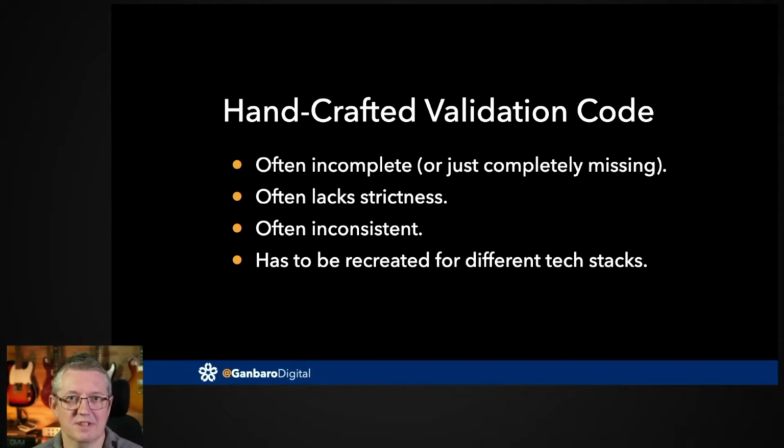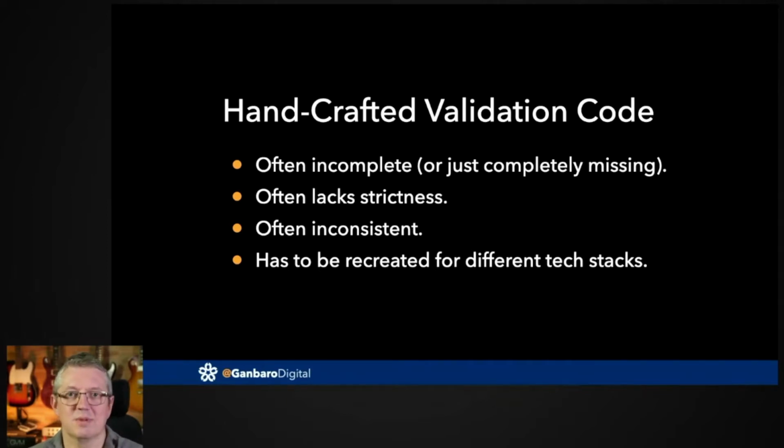If you're working in multiple tech stacks, you have to reproduce this validation in each of those tech stacks. And then you're coming into the problems of inconsistency due to implementing it more than once. So these are all regular problems found with handcrafted validation code.